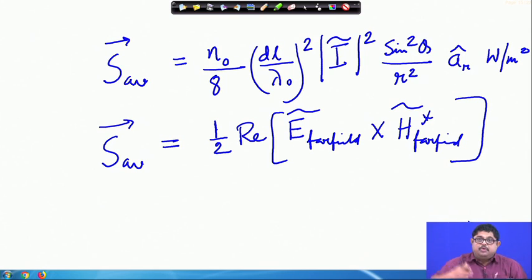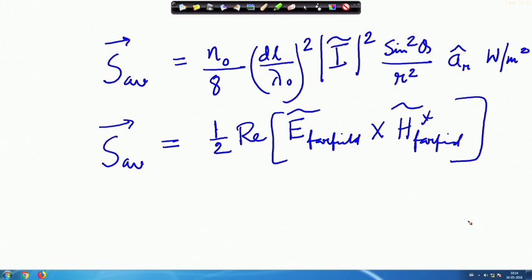Reactive power does not flow, but real power flow is contributed by the far field. That is why from the very beginning we have separated them. That means, at a certain distance from the antenna, whatever fields dominate are actually important, they carry power, and the others do not carry any power. So, far fields are the vehicle for transportation of energy.